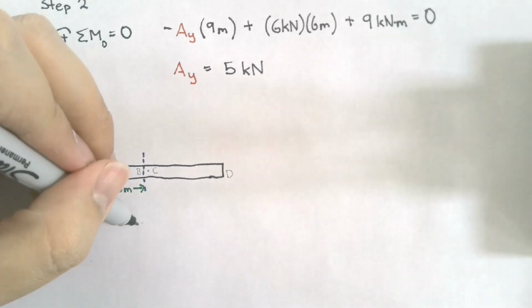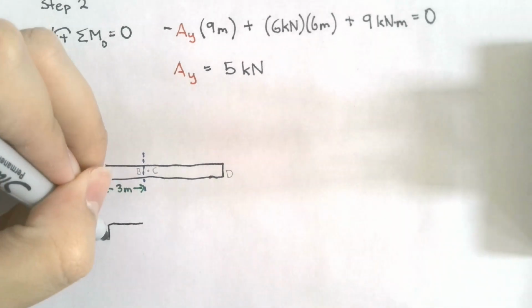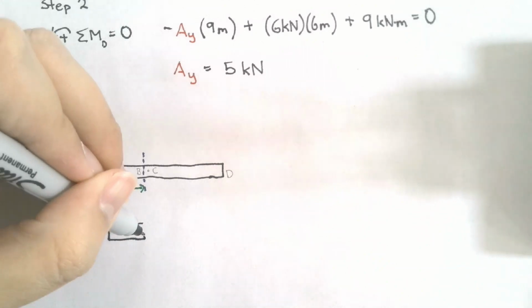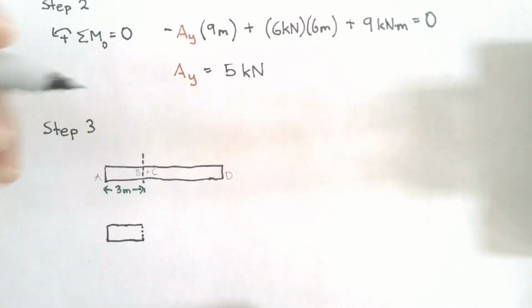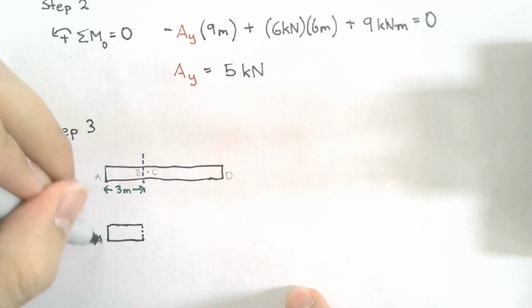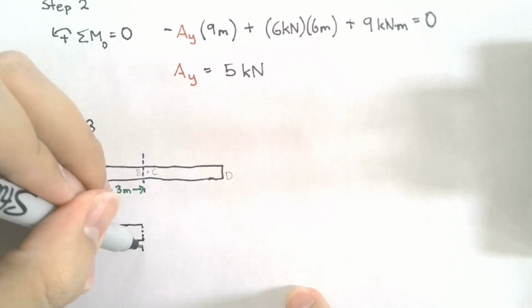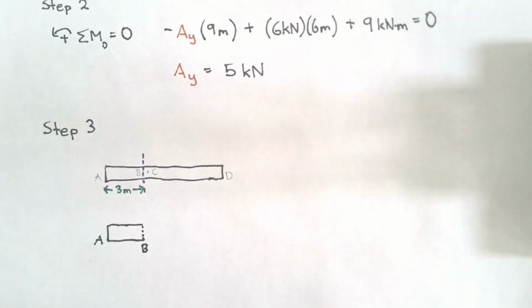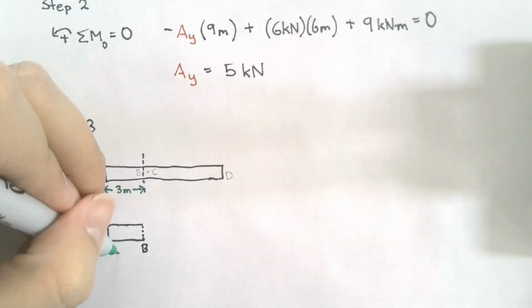Cutting this section will give us the following subsection, where we will have point A on the left, point B on the right, and a distance of 3 meters between them.